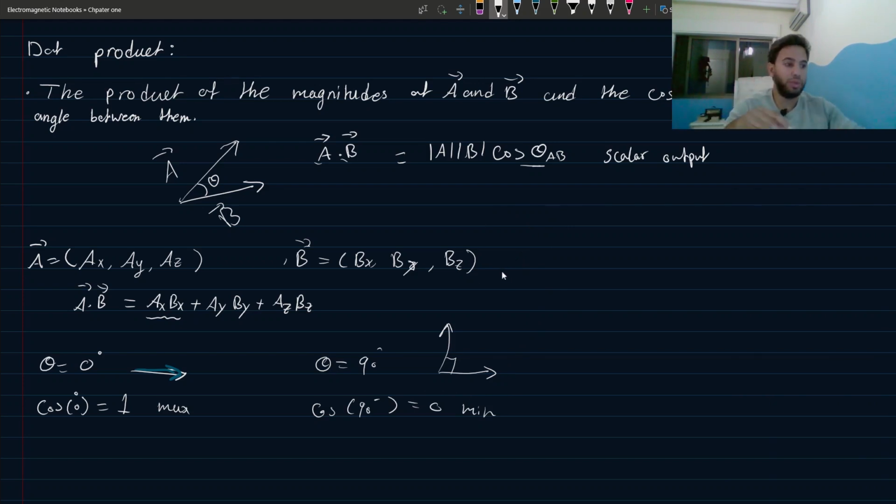So when the two vectors are perpendicular to one another, the answer is 0. You don't get nothing, you get the value 0. And when they are parallel to each other, you get the maximum value out of the dot product.